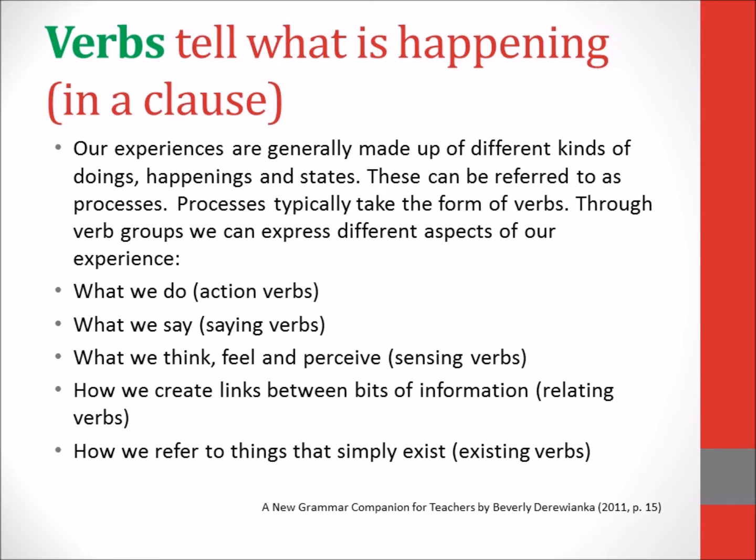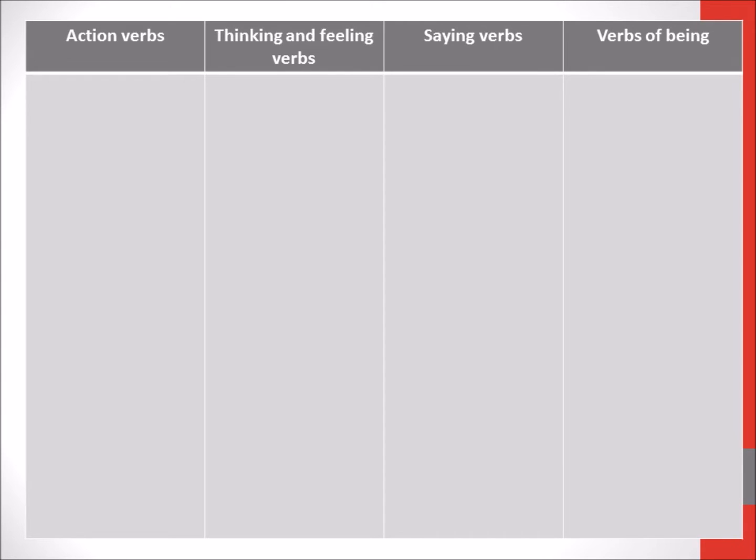So what I'd like you to do now is to think about the verbs that you have written from Cat and Fish, and you're going to do some sorting into those 4 types of verbs. Let me show you what I mean. Here's a table that shows the 4 types of processes or verbs that we talk about with children.